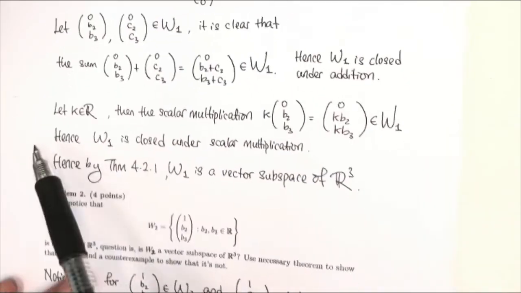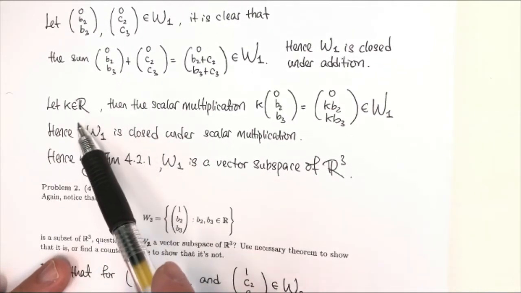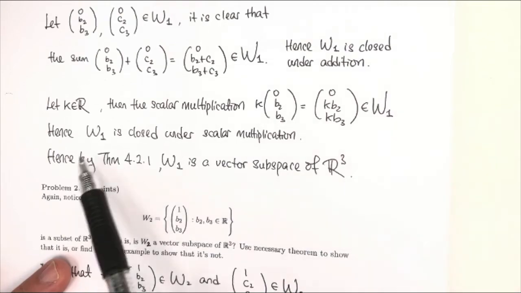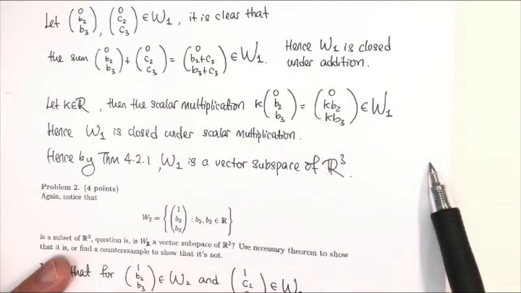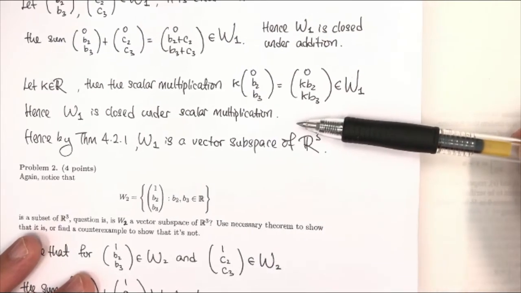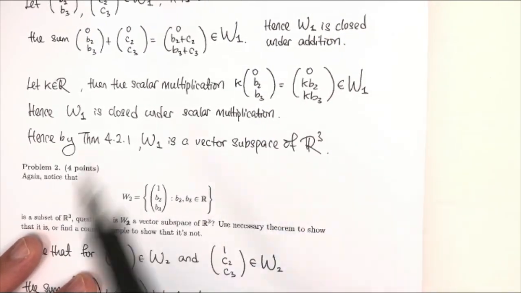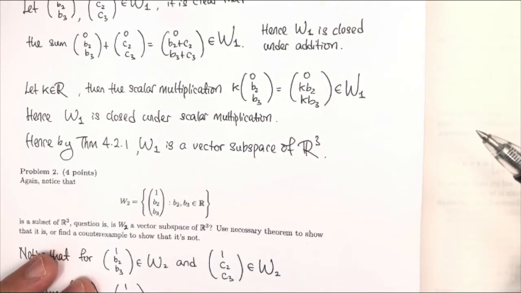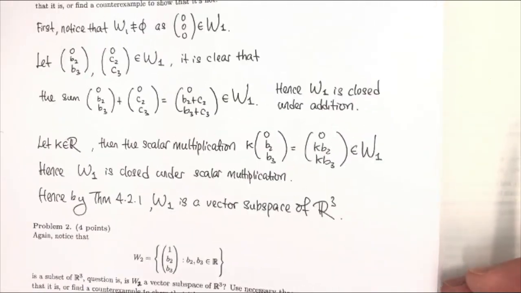Full stop. Second argument, let K be any real number, then the scalar multiplication is this. It is in W1. Therefore, W1 is closed under scalar multiplication. Therefore, with closure under addition and closure under scalar multiplication, W1 is a vector space by theorem 4.2.1. This is how you should make an argument in a 300 level linear algebra class.